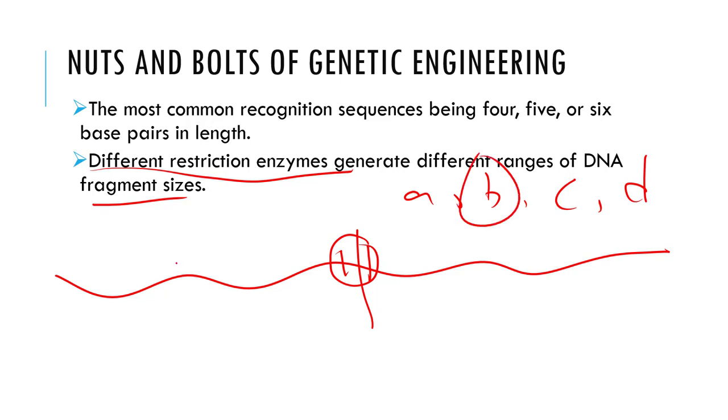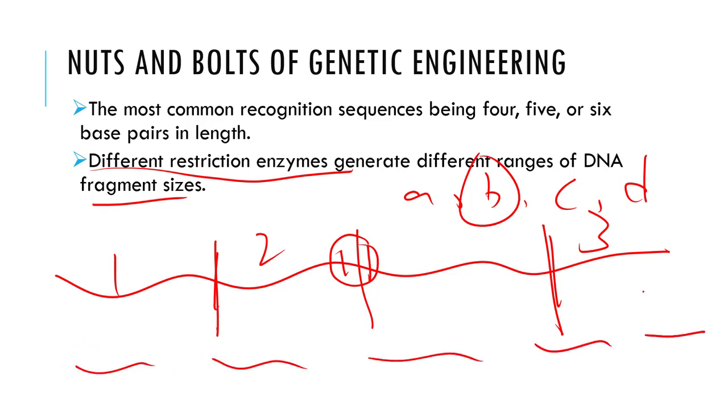B, for example, has two recognition sequences, one here and one here. So it will cut the DNA from this point and this point, and we would get 1, 2, 3 fragments. Another enzyme like C and D, for example, has 5 or 4 or 6 recognition sequences, so that will make a very large number of fragments depending upon the recognition sequences.